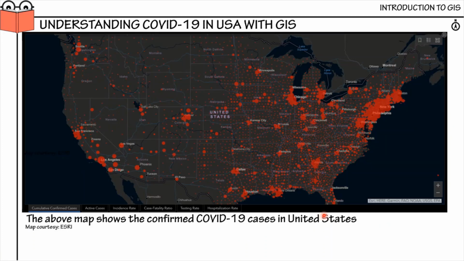Let's look at how another pandemic has been tracked using GIS. This is a map prepared by Esri. In fact, you can go on to Esri's dashboard and look at the real-time interactive map which tracks the corona outbreak in the states.